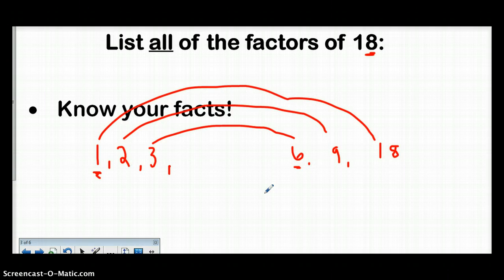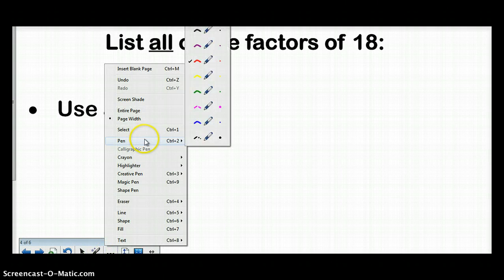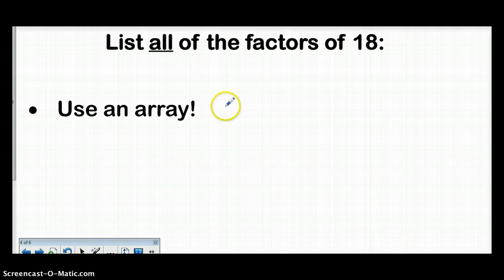That's just one strategy for finding the factors of a number. Another strategy would be to use an array. I always encourage my friends that have not committed all of their facts to memory to make sure that you're drawing an array in order to guess and check for finding factors of numbers.